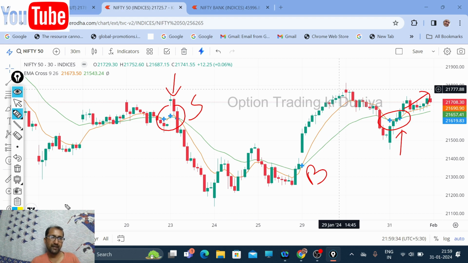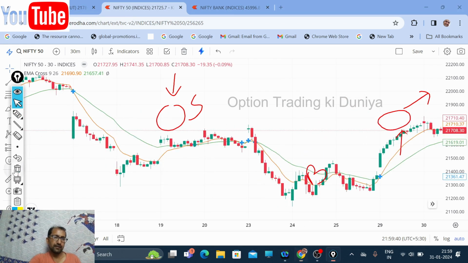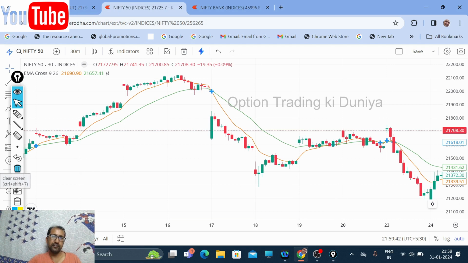If I go for back testing, for example, I'll go for back testing. I'll come back. Yeah, if I come back, you see here there are so many EMA crosses. Maybe this is little difficult to trade because it is gap down in the morning on 17th of January.